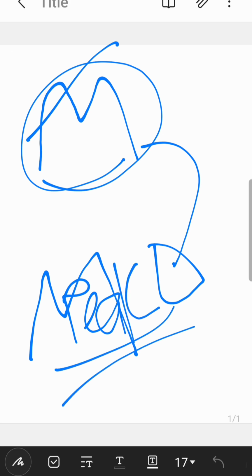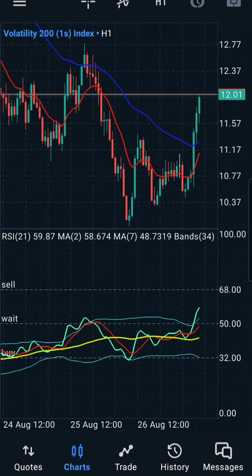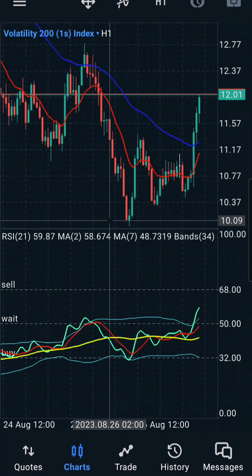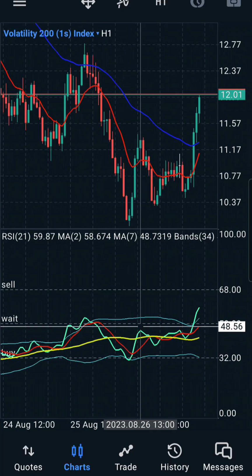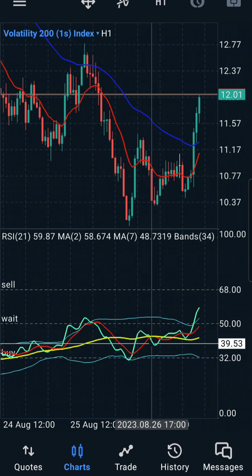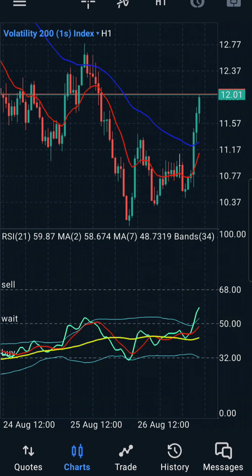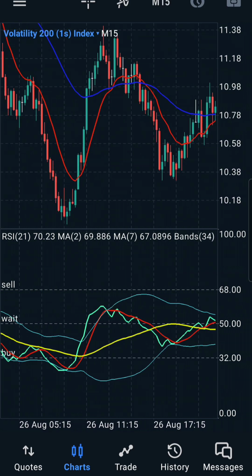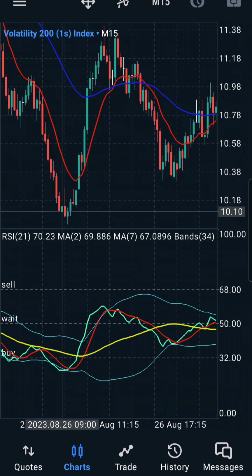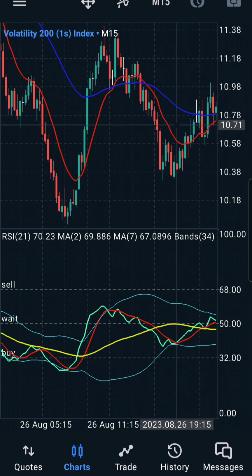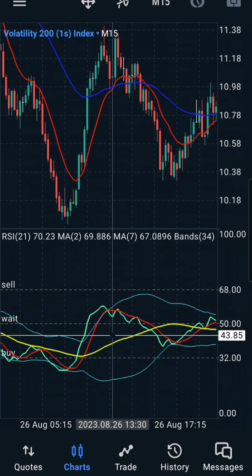For example, let me go to the chart and show you. Now, on the chart, let's take this one. There is a shark fin there, and then there is the second leg, right? If you go on M15, I'm just saying that the M is actually forming on the chart. This is the M on the chart. But here it's a different story. On the chart, it's an M, right?